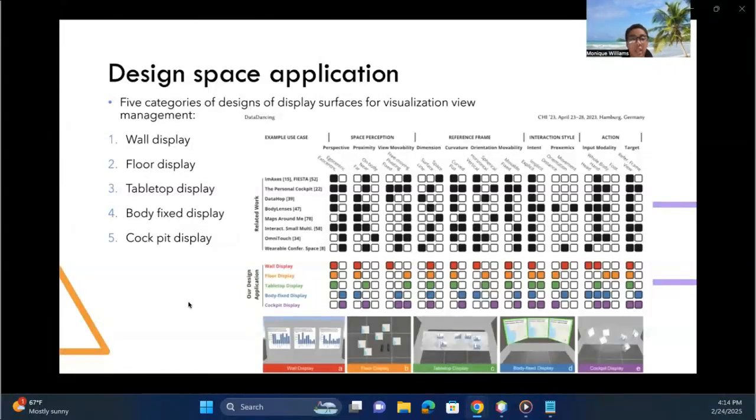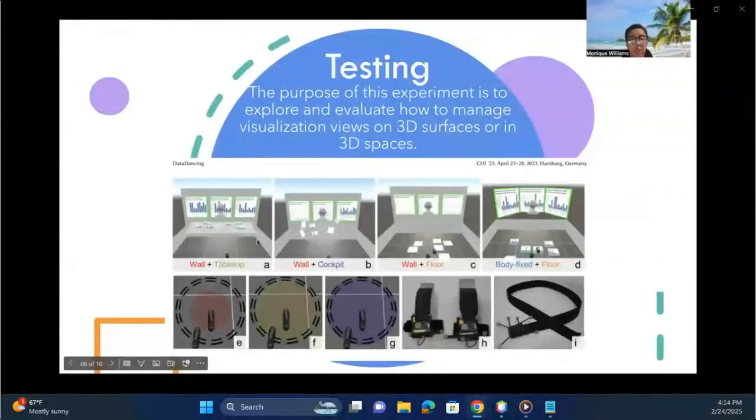And so with their design space, they were able to move forward in their experiment, which they began testing. So the purpose of this experiment is to explore and evaluate how to manage visualization views on 3D surfaces or in 3D spaces. So to achieve that, they were able to design and implement 4 VR prototype systems that encompass the various surfaces and interactions that we discussed earlier.